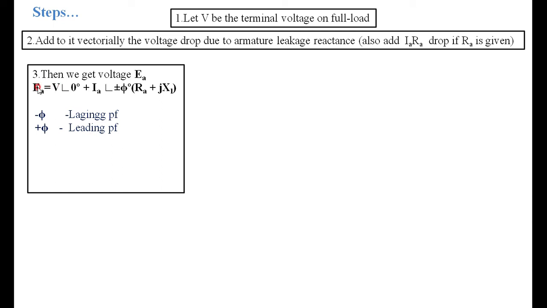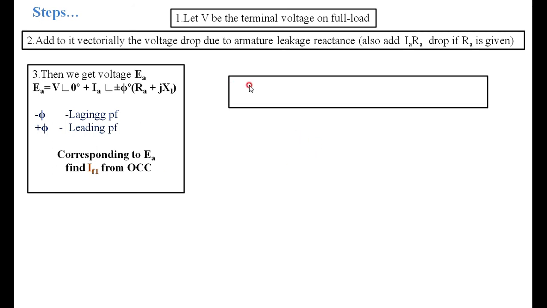Corresponding to EA, you have to find what IF1 is. That is, whatever magnitude you get from this EA calculation, corresponding to that we have to find the value of IF1. Then we know that IF2 I am getting from the ZPF Potier triangle method, that is QP.